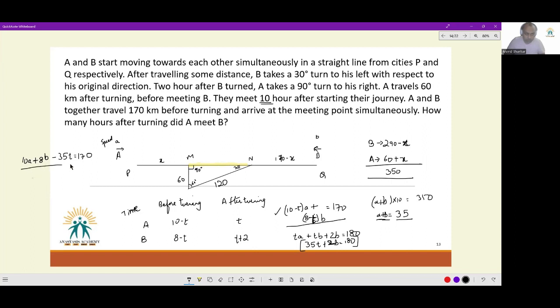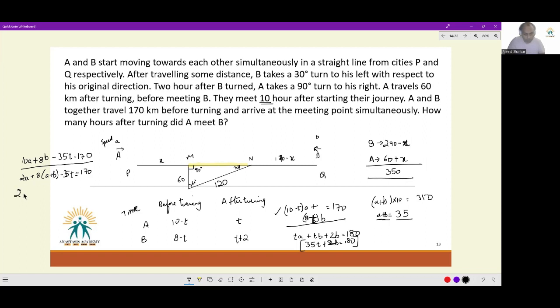I have this equation in A, B, something, something. So I can do this: 2A plus 8 times of A plus B minus 35T is equal to 170. 8 times of A plus B, 8 times of 35 is 280.